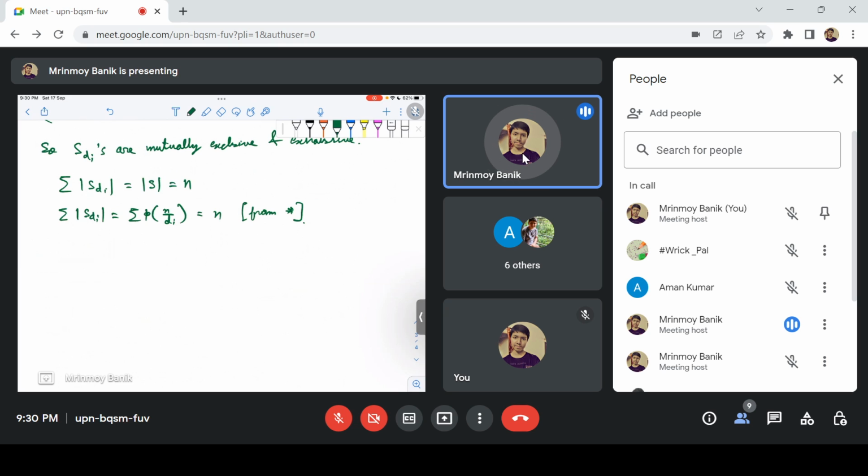And now there is just a hand-waving argument that says this n by d_i is a divisor of n itself. So when you divide n by a divisor of n, you get another divisor. So then you can just say for all divisors of n, d_j, phi of d_j adds up to n. So that proves the claim.